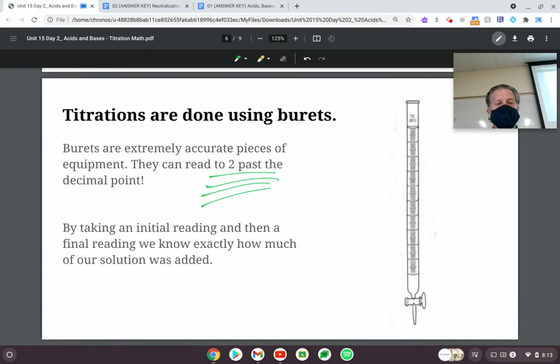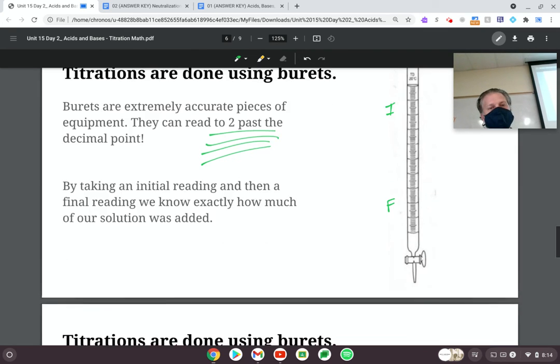Okay. We take the initial reading, which is usually somewhere up here, and the final reading, which will be somewhere down here. By doing that, we can figure out exactly how much solution we have added.